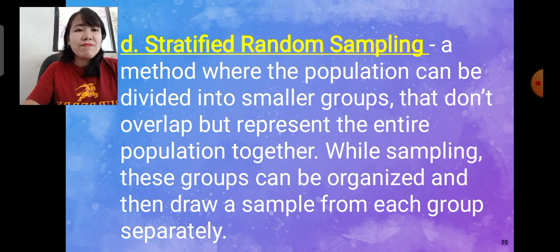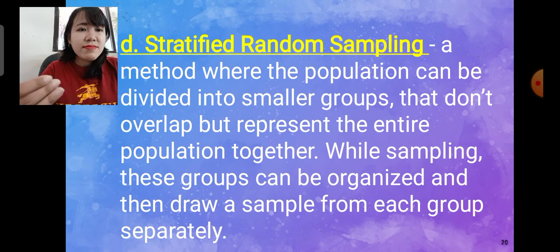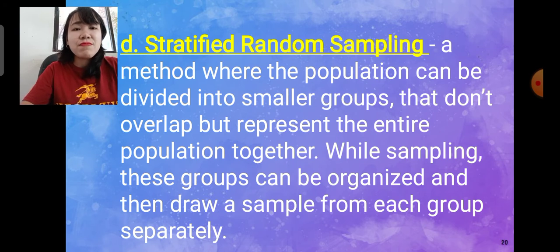So, again, dinidivide nyo ulit. Kung malaki yung population, so pwede nyo i-divide. Then, so, from that particular group, so doon kayo po pwedeng pumili ng inyong respondents. So, stratified naman yon. Then, yung bigger population into smaller groups. Then, doon kayo pipili ng inyong population.